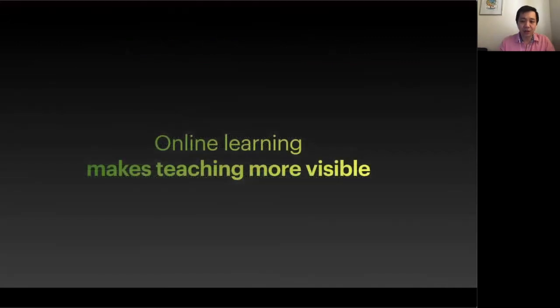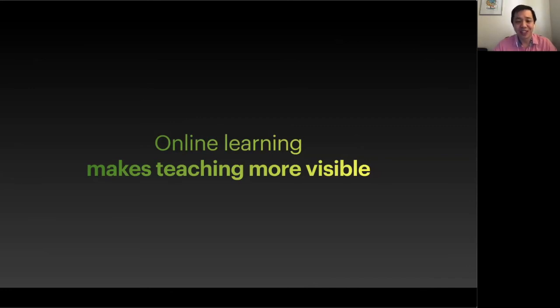So I'd like to end with just a few key ideas that we're realizing so far about online learning. The first key idea is online learning makes teaching more visible. Before, in a face-to-face scenario, we could just enter the classroom and wing it and perform. I don't think we can continue to do that anymore in an online setting.